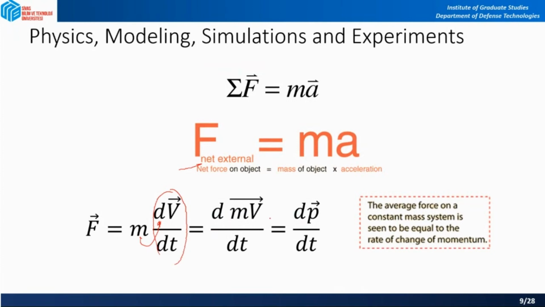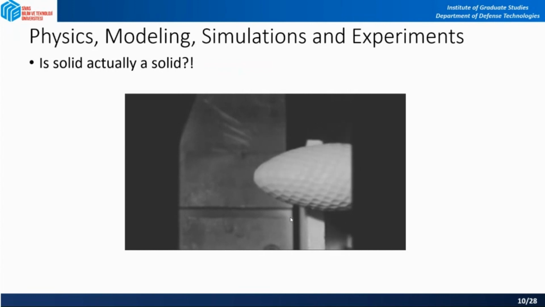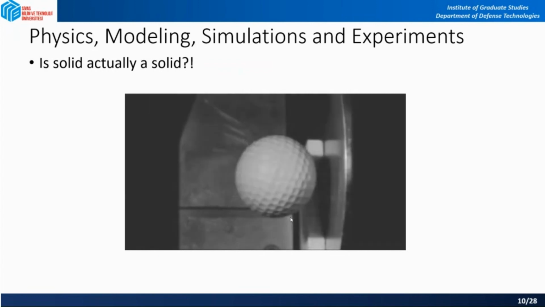So it's actually the time derivative of what we call momentum, mass times velocity. The physical concept of momentum is this: if there is a net force applied on a solid object, it changes its momentum. So the time rate of change of momentum. This is what the equations tell me.